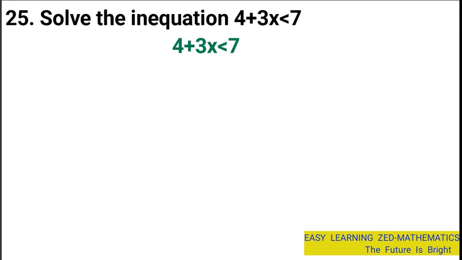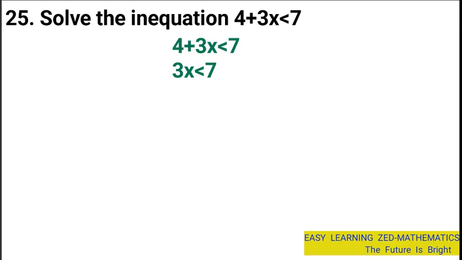Okay, so the next step is I'm going to put like terms together. That means 4 will cross the less than sign and come to the right side. So we are going to have 3x is less than 7 minus 4.